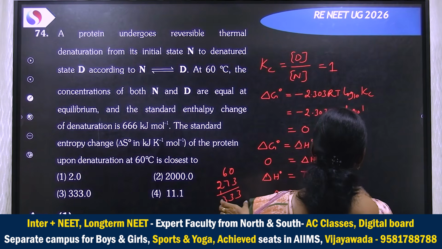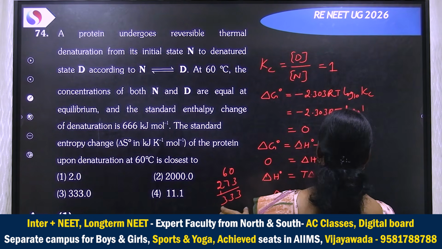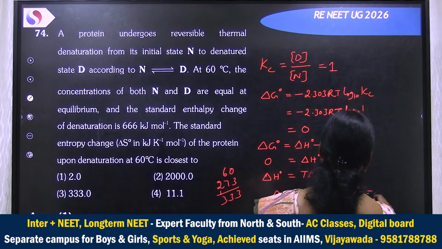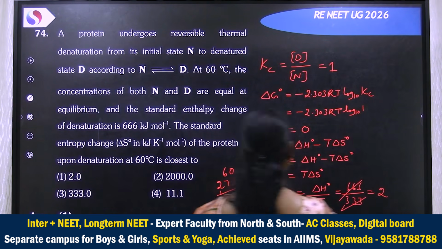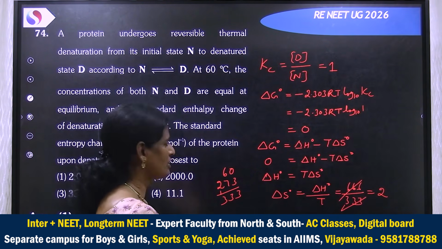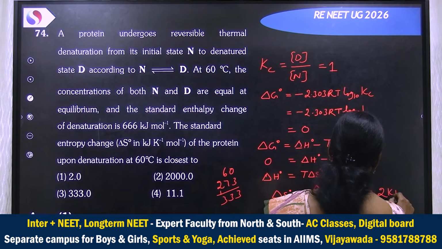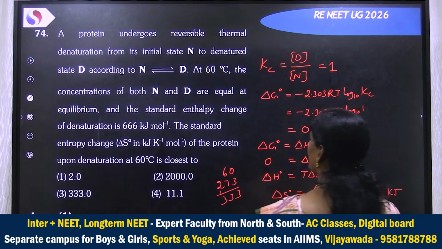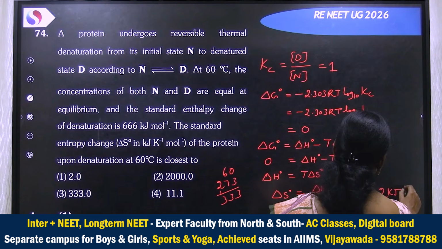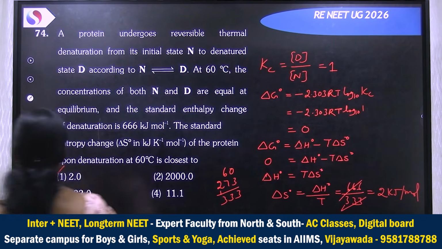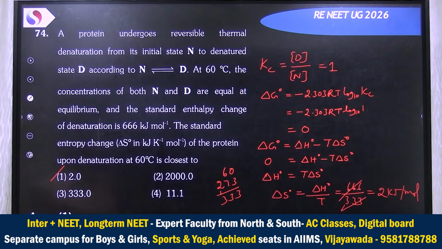So 666 by 333, it is cancelled and the value of the standard entropy change is 2 kilojoule per mole. So the first option is the correct one, the entropy change.